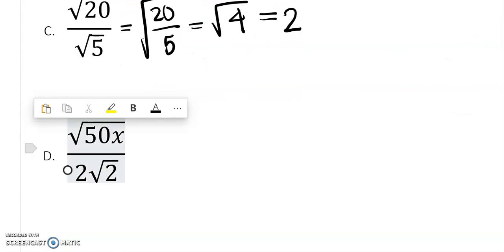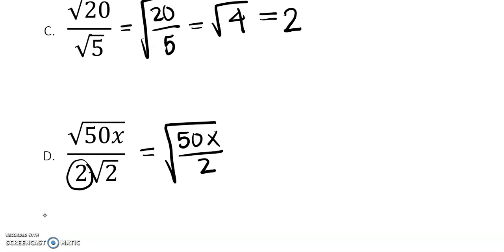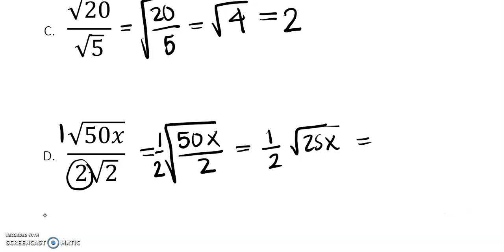Okay, this one, let's try the same idea. So let's try to split it up together. So 50x divided by 2, and then that 2 that's on the outside, that has to stay on the outside. So it's going to stay as a 1/2 because it's in the denominator, and you have a 1 here. Okay, so 50 divided by 2, that's 25, so 1/2 square root of 25x, and then we could split this up.